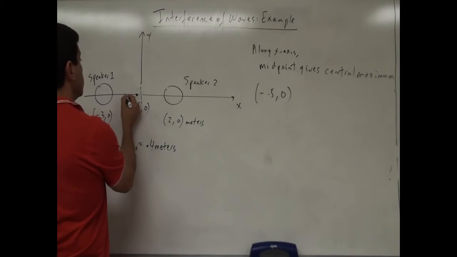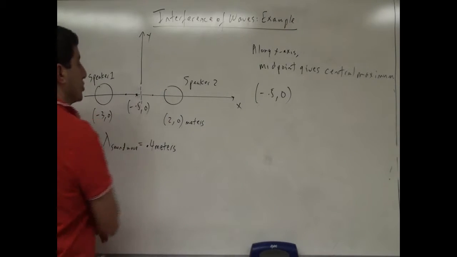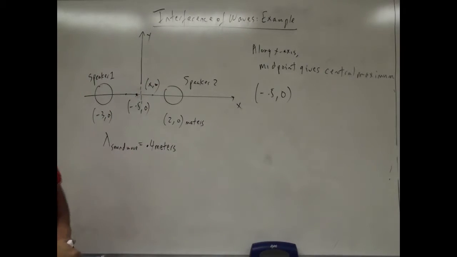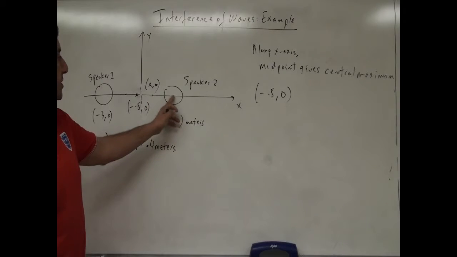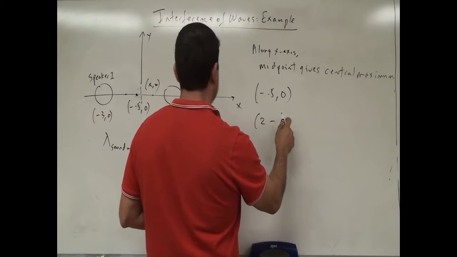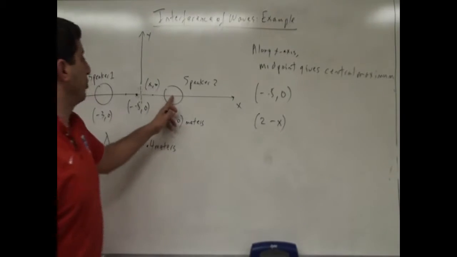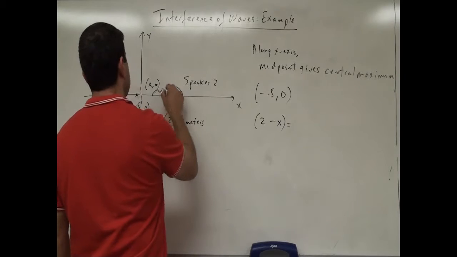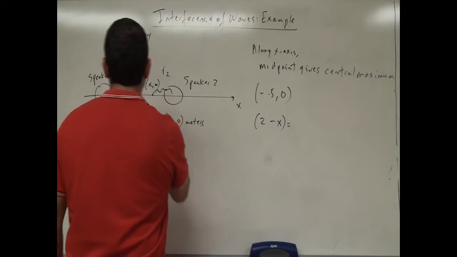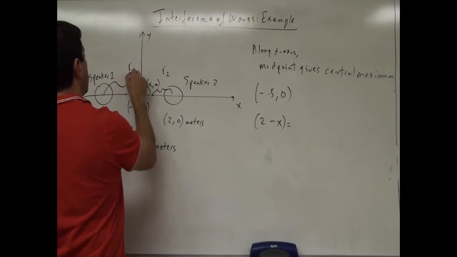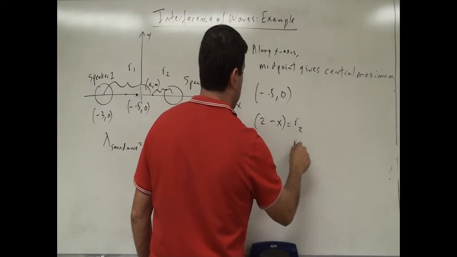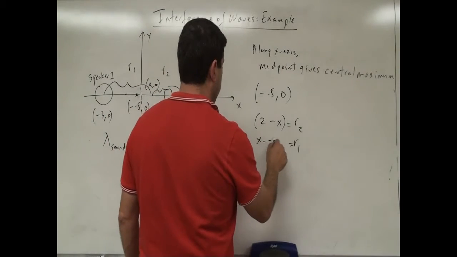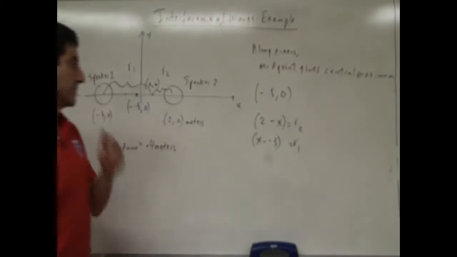What other points will yield constructive interference? Well, let's just say any point here, x. So the distance from this point to speaker 2 is 2 minus x, and we can call this one R2. Then we can call this distance R1, and R1 is going to be x minus -3, right?